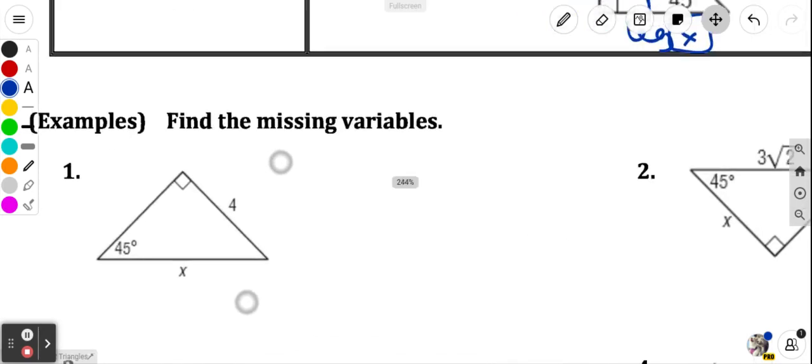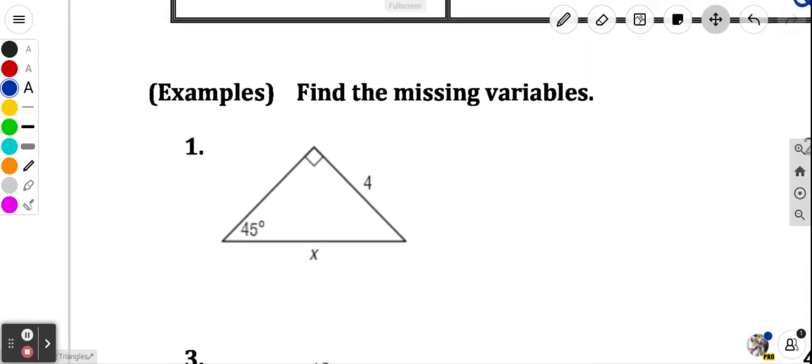So let's get started with this first example. When you're doing special right triangles, first think about what kind of special right triangle it is. I've only shown you this kind, 45, 45, 90. Then think about what you're given. Am I given a leg or a hypotenuse? This is a leg, and the legs are the same, so this is also 4.